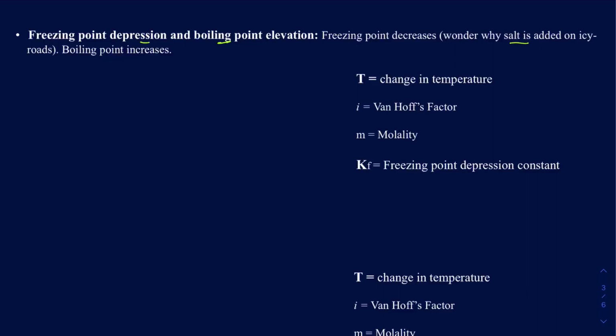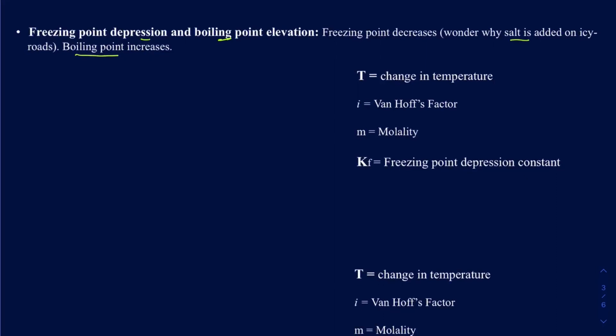If your temperature is too low, we're looking at like negative 18 degrees Celsius or maybe somewhere around 10 degrees Fahrenheit, then adding the salt is not going to be the solution. In that case, you may have to take out the ice. And then the opposite is true when it comes to the boiling point. So the boiling point actually increases.